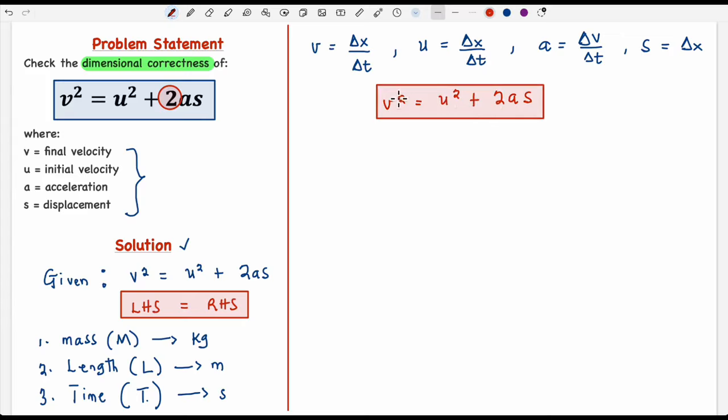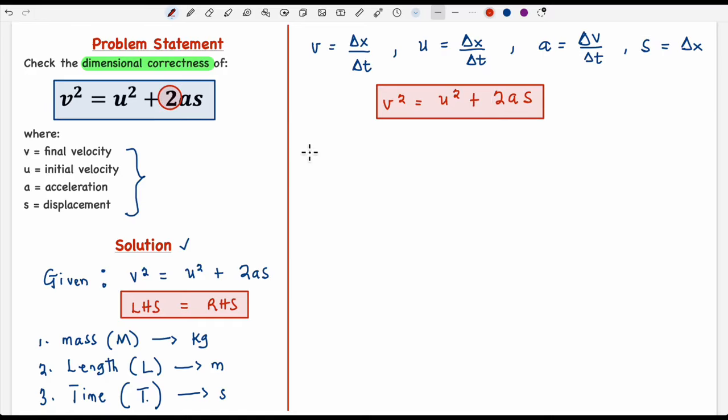So we've already broken down these quantities into their base quantities. That is velocity as change in position with respect to time. u is also velocity, which is also change in position with respect to time. Acceleration is defined as the change in velocity with respect to time. And this s we are told is displacement in this problem.